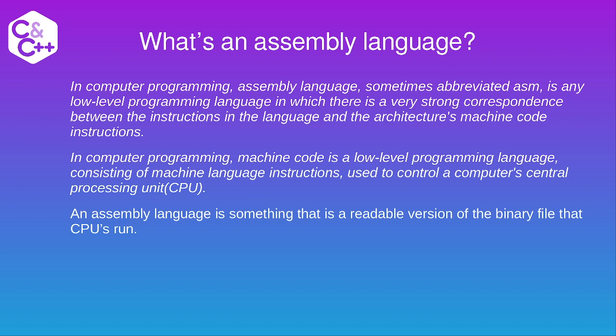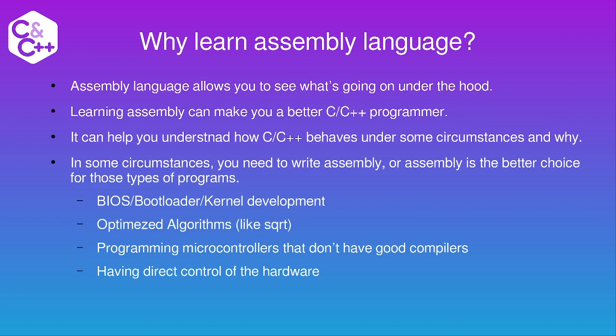We will tell the CPU exactly which instructions it will execute, and it will do them, basically. So it's a very low-level language. It will be hard to write because we have to do everything by hand.